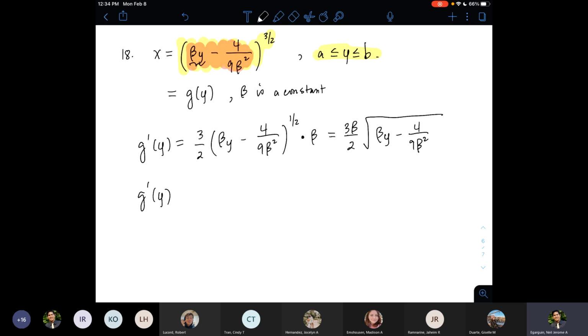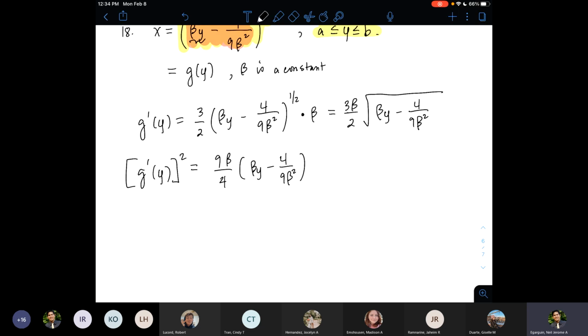And then remember, for the formula for the arc length, we need the derivative squared. So we need to square g prime. So if I square g prime, it would be 9 beta over 4 times beta y minus 4 over 9 beta squared. And then I can distribute the scalar multiplier inside the difference.